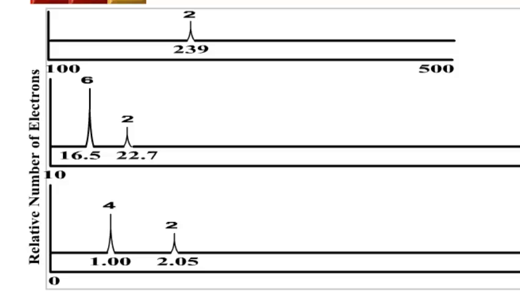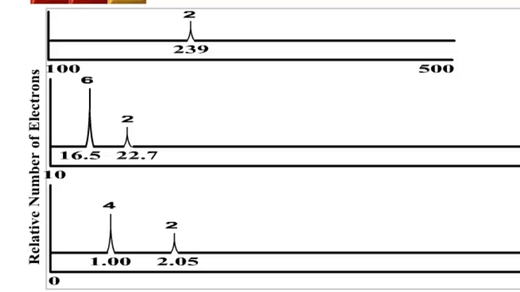And then they might say to you, why is there a larger space between here, these 4 electrons and these 2 electrons, than between this peak here with 2 electrons and this next highest peak of 6 electrons? Think about how you would answer that for a minute.